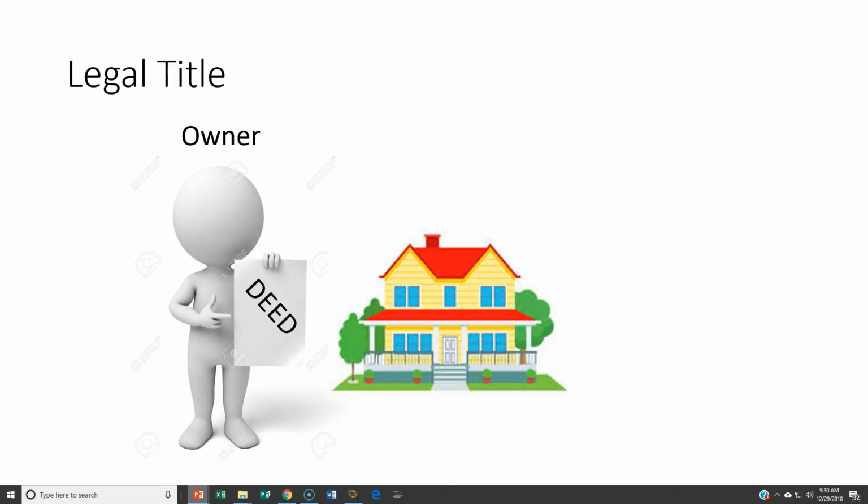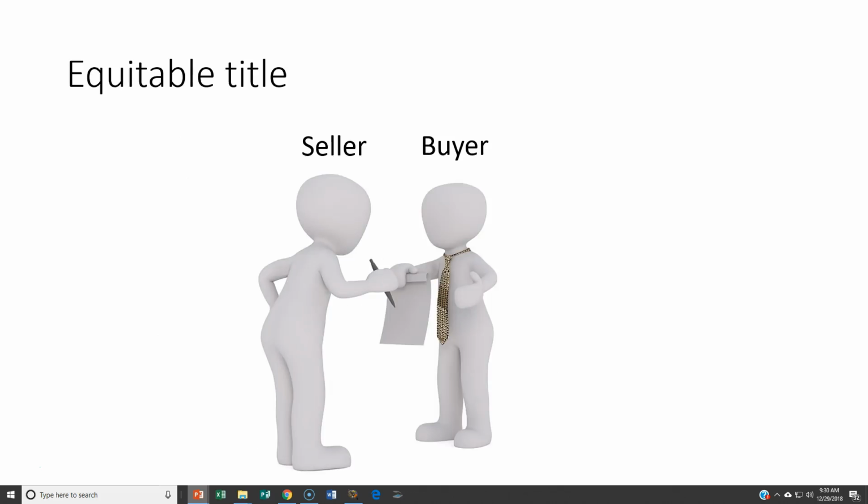Just to explain it, if I have a deed in possession that I own the home, then I've got title. That's legal title. But how about when we've got a buyer and a seller? They're just about to write a contract between the two to purchase the house. So the buyer presents the contract to the seller, an offer to purchase, and the seller accepts it.